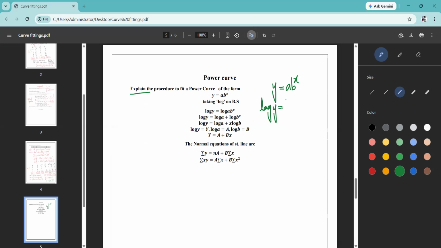Log y is equal to log a into b to the power of x. Log a into b is log a plus log b.